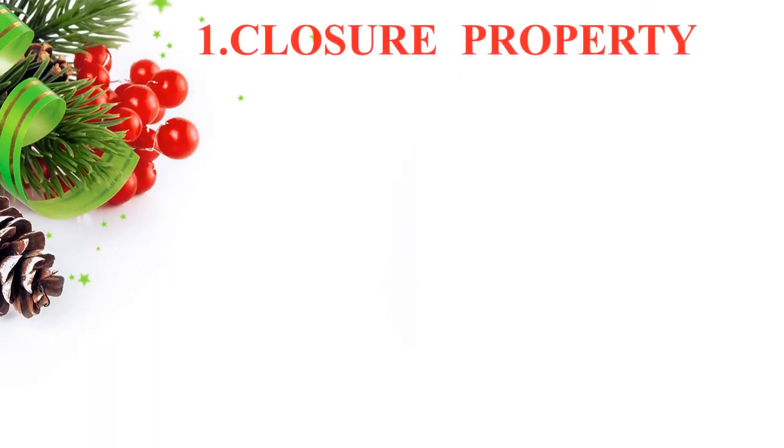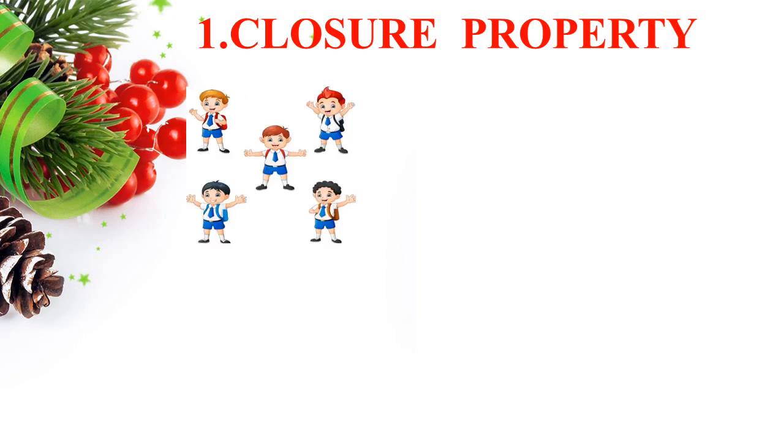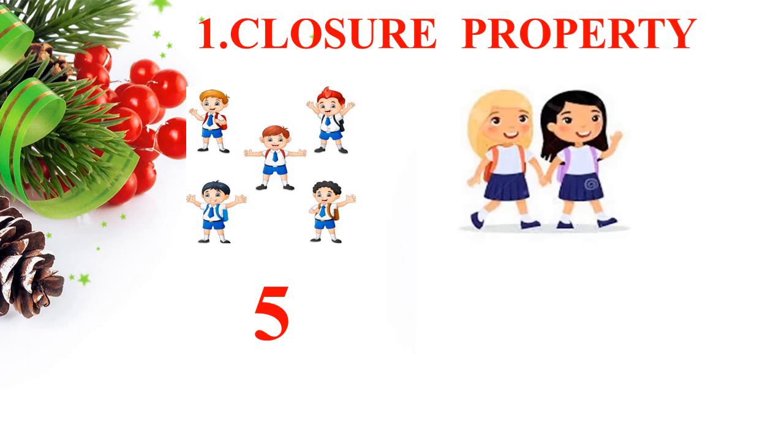Let us see the first property. First property is closure property. Let us understand with one example. How many boys are there? 5 boys. Next, how many girls are there? 2 girls. Let us find the total number of students. So the total number of students is 7. How to find?